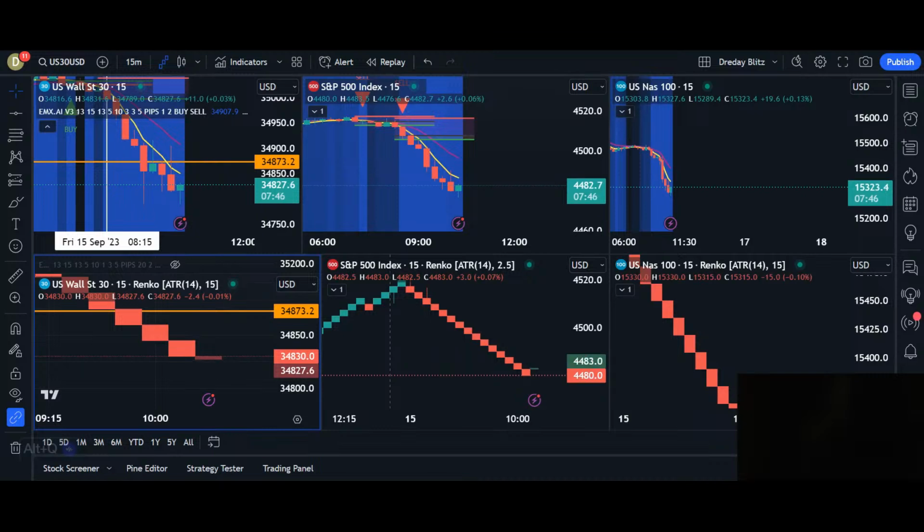This Commitment of Traders really changed the way that I trade. I was able to look at the bias and find a way to see exactly which pair or which indices was moving the most for the week that you're going to be trading on.